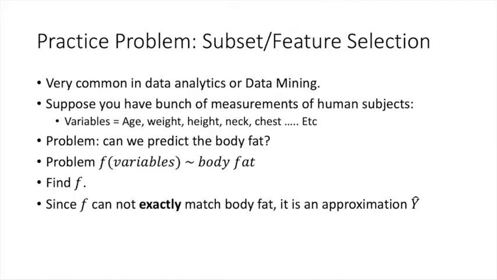And by that I mean, even if we get a great model, it will not predict the body fat perfectly, that is, with zero error. However, because we have no other option but to use data science or statistical modeling to discover this formula, we will have to tolerate some error so long as this error is acceptable.